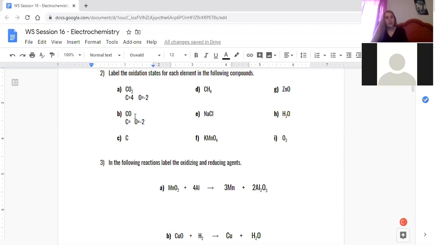Because we know that the oxygen is -2, we can say, okay, our total charge is 0. And so 0 is going to have to equal the two charges added together. Oxygen is -2, so we have whatever carbon's is plus -2 equals 0. When you add 2 to both sides to cancel that out, you end up with carbon is 2.